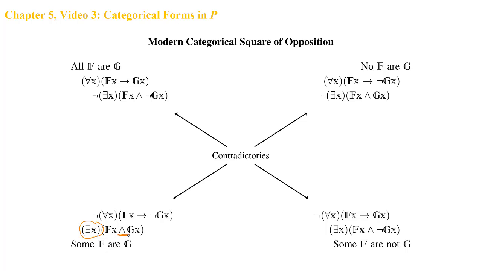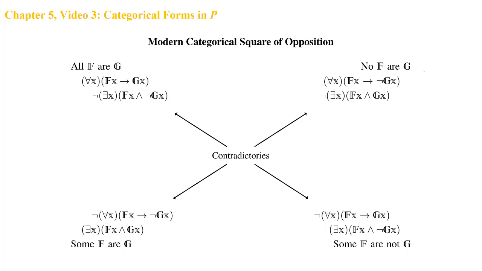And at the top we had the no F are G, or none of the F's are G's. I'm not sure which of these two you would consider more simple. I prefer this one since it explicitly says it's not the case that there exists something that's both F and G, but this form is perfectly equivalent and for some more intuitive as well.